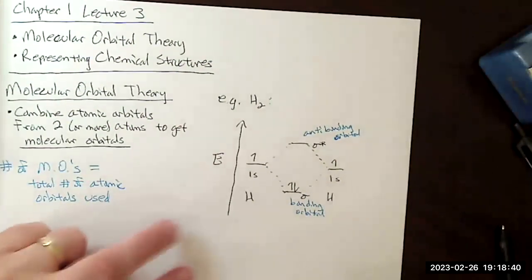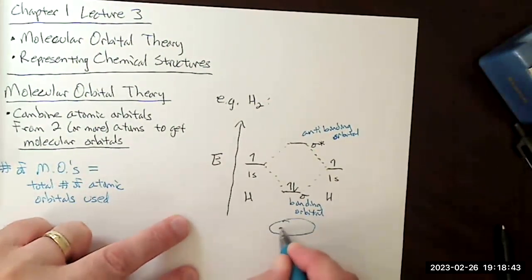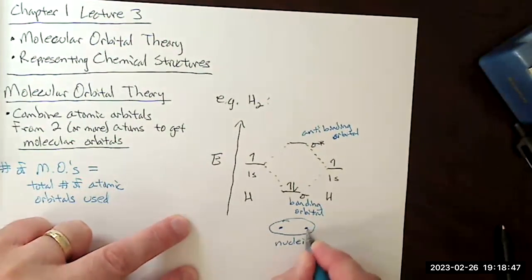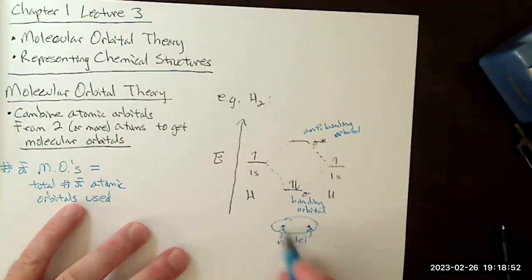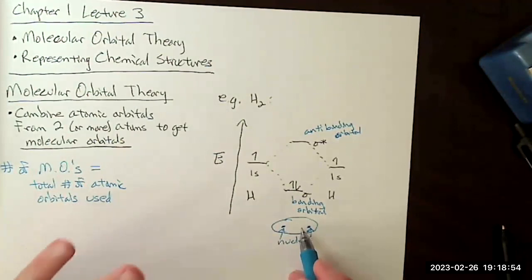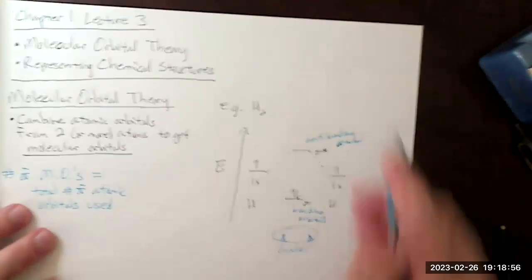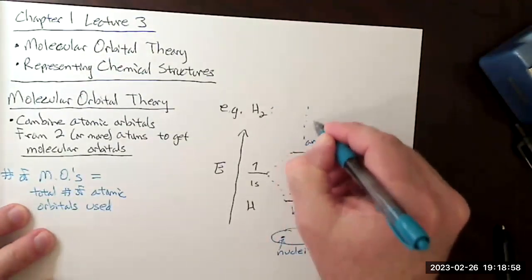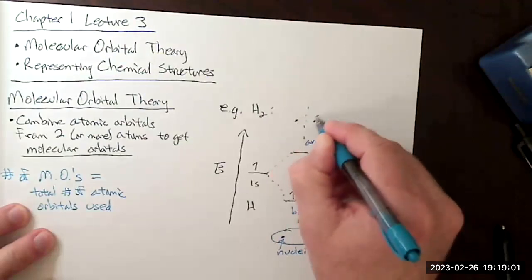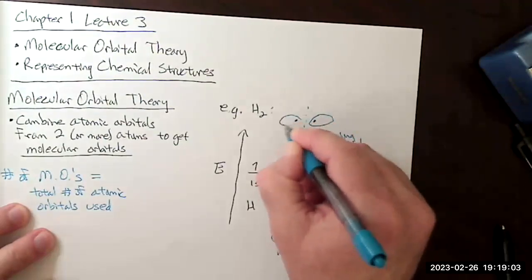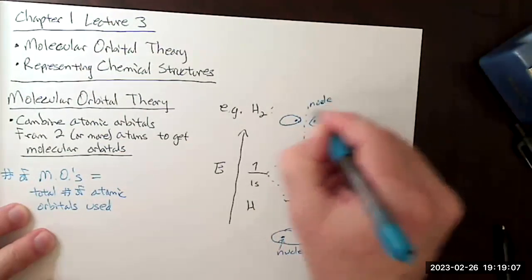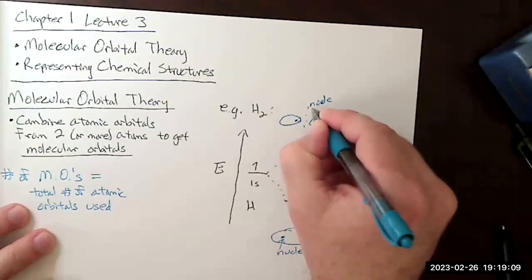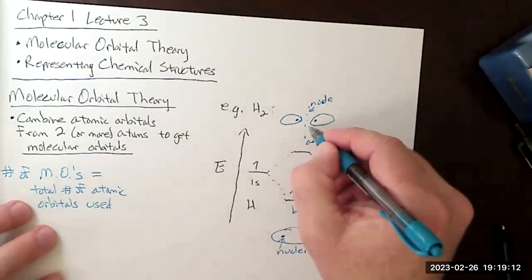So if we were to draw pictures, it would look like this, where these dots are the nuclei. And then we have a whole bunch of electron density in between. This looks like what our sigma system looked like. Whereas the antibonding orbital has our nuclei and then lobes going the other way. In between, we have what's called a node, a region of zero electron density.